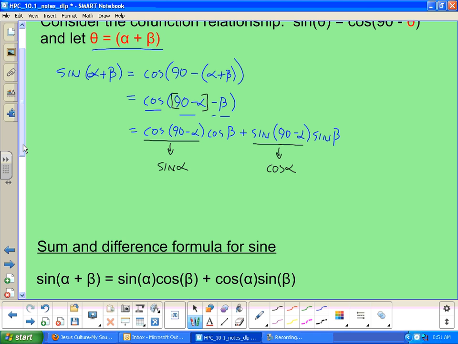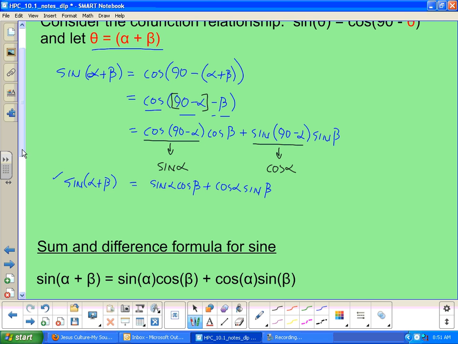So then we finally get down to the sine of alpha cosine of beta plus cosine of alpha sine of beta. And that is what sine of two angles adding together would become. And that's our sum formula for sines.